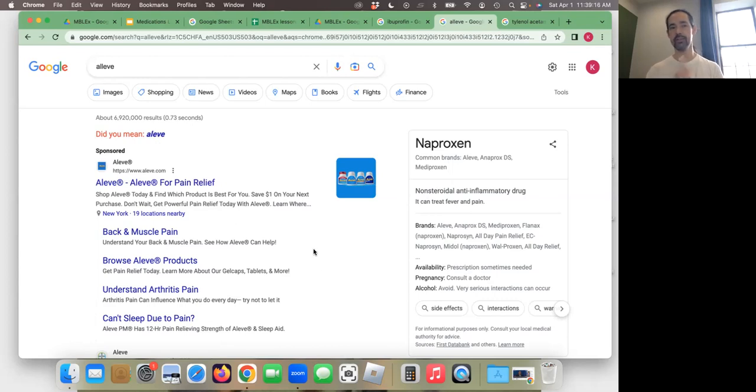Aleve is different from ibuprofen, but it's a non-steroidal anti-inflammatory drug. So is ibuprofen, but Aleve is naproxen. Sometimes people who have an ibuprofen allergy, or can't tolerate ibuprofen, find specific drugs very rough on different parts of the body, like the stomach.